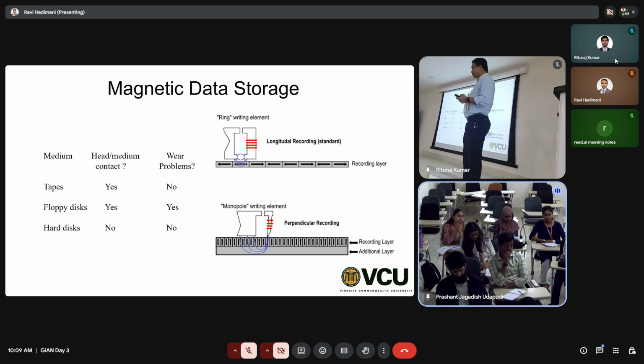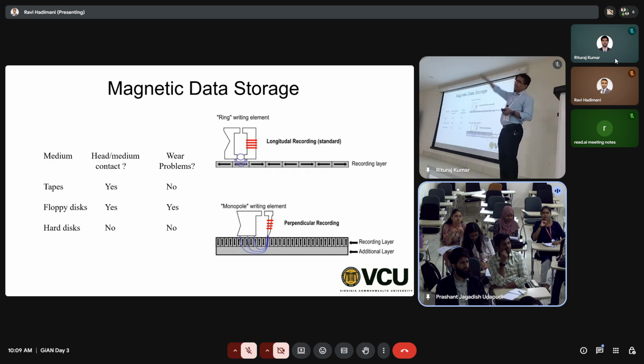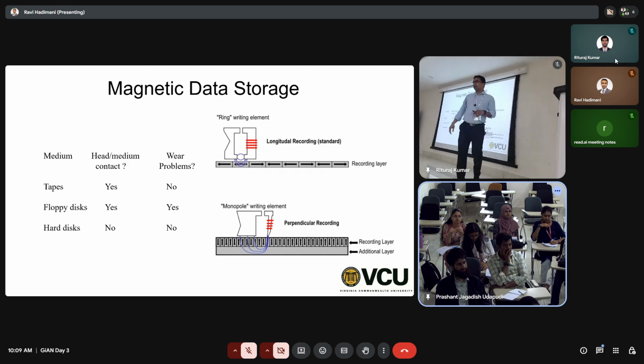If you go to the data centers I was talking about in Virginia, in Richmond, in the first presentation when I gave an introduction about Richmond VCU, the data centers have racks and racks of hard disk drives. All the data that you consume today, all the videos, all the audio and photos, comes from those hard disks. Somewhere it is stored, in the form of magnetic bits, or magnetization and no magnetization.